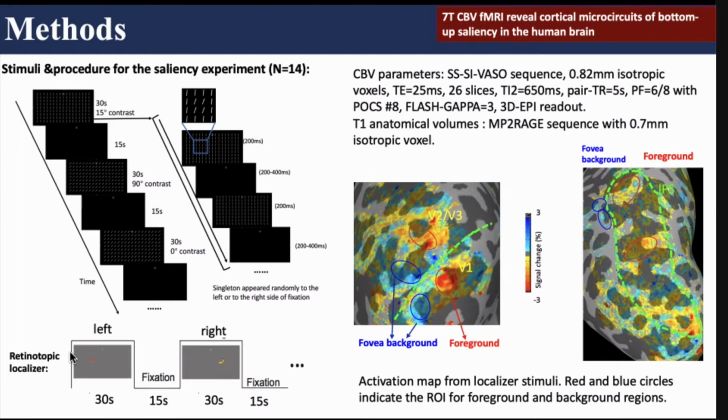And for the retinotopic localizer, the colored natural images were presented at the corresponding foreground locations of the saliency experiments, and the functional data of CBV were collected with a VASO sequence.